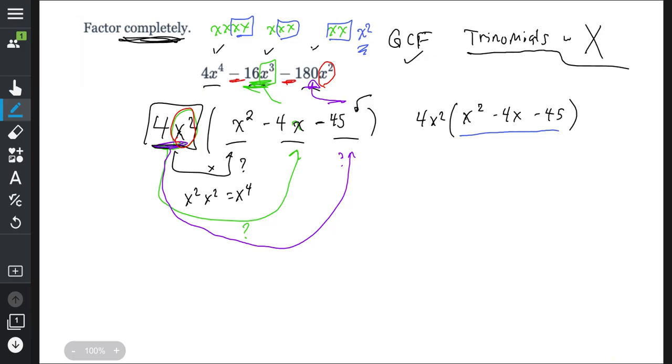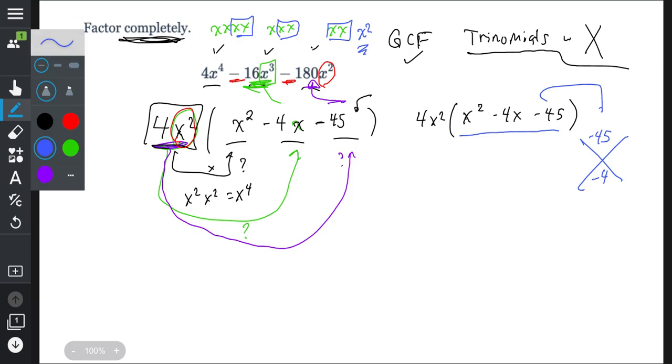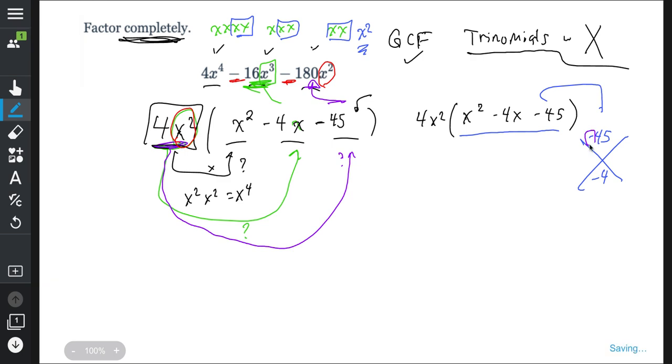For the last quiz, you factored this. And the method that we're starting to use is X method, meaning we're going to take that negative 45, put it here. The negative 4 goes there. And we recognize that we have two different signs because we multiply to a negative.